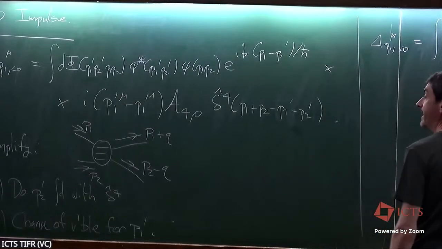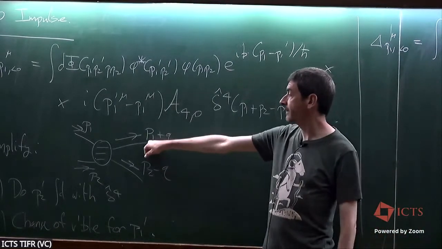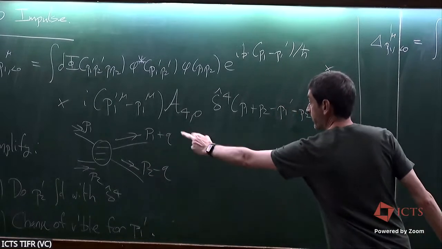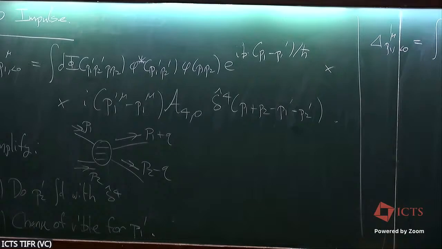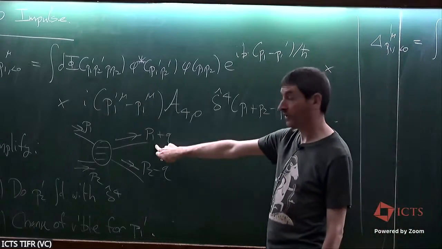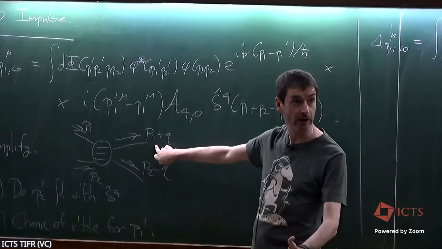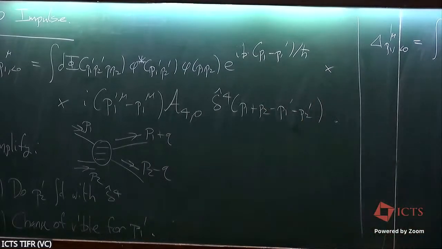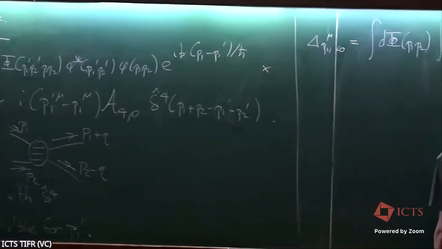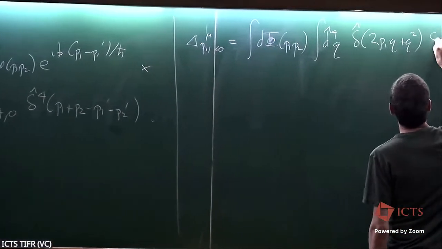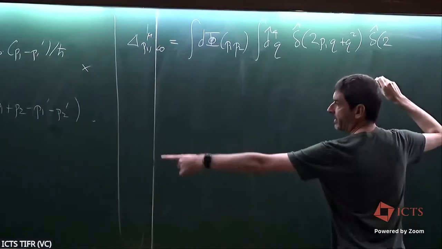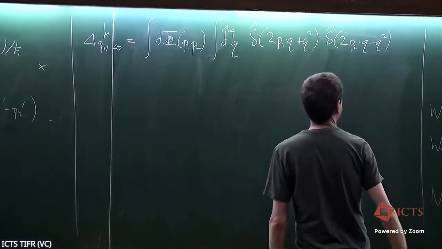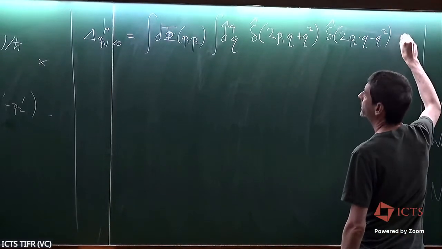Now those delta functions, all their job is to say is that this state and this state are on shell. So the delta function for P1 prime will be delta of P1 plus Q squared minus m squared. But P1 squared is already m squared. So the delta function will set 2P1 dot Q plus Q squared to 0. And similarly for P2 prime, 2P2 dot Q minus Q squared has to vanish.